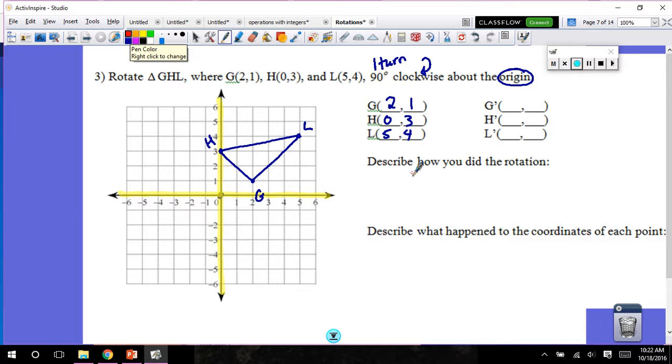Okay, so I got one turn for my 90 degrees, and I'm going clockwise, so I'm going to the right. And then I'm using 0, 0. I highlighted it, and that's going to go on my patty paper. So try that out.